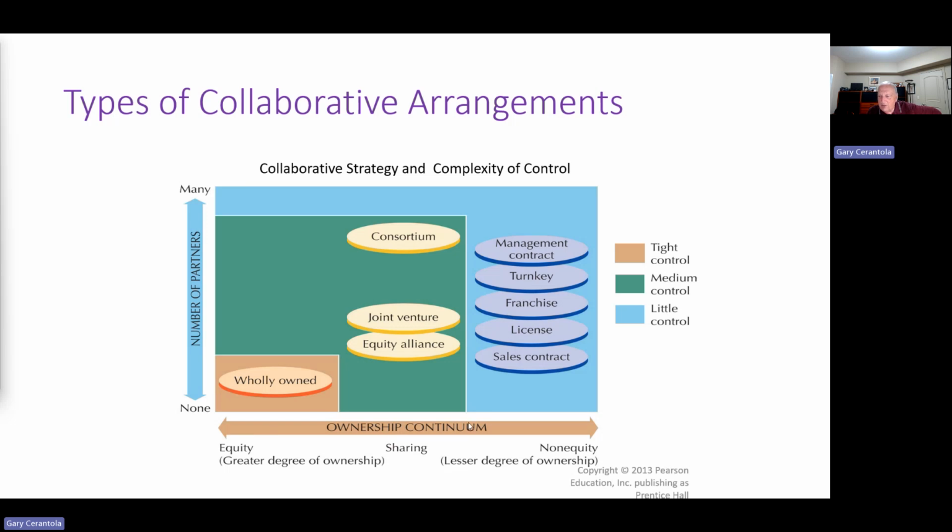the ownership continuum, where you go from wholly owned, and a great degree of ownership and control, and essentially no partners, right? To when you can get into these areas, now you've got a little control, but it's all about your strategy.